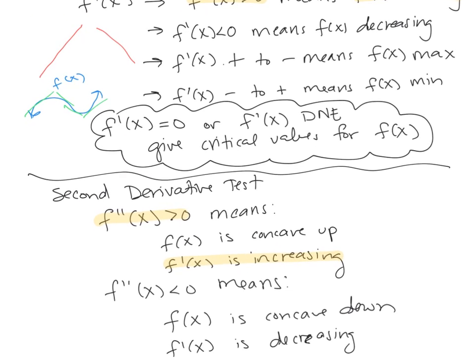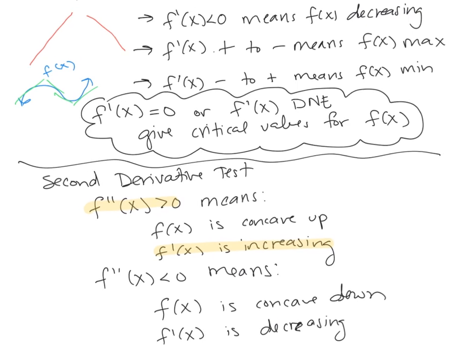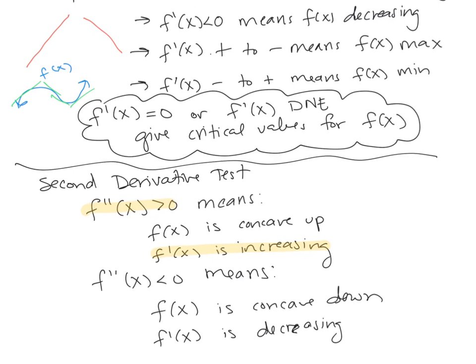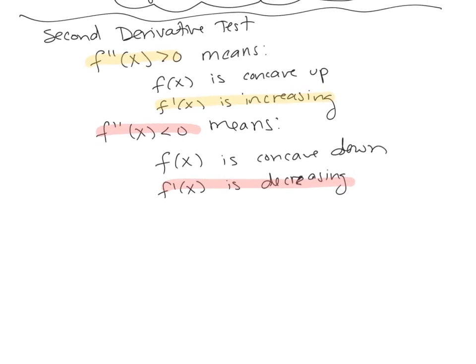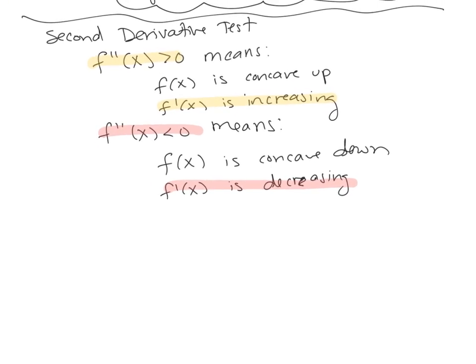Up above, we stated that if f prime of x is negative, that f of x is decreasing. Similarly, I can state that if f double prime of x is negative, then f prime is decreasing, okay? So same relationship. I just have two derivatives to deal with, okay?